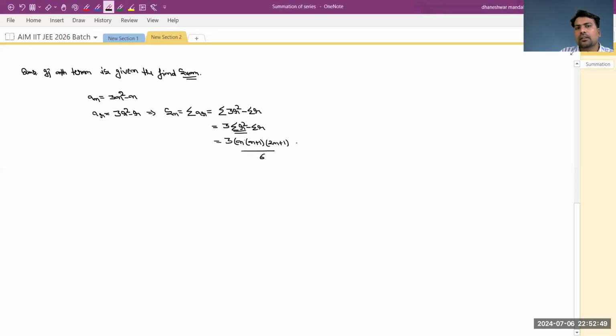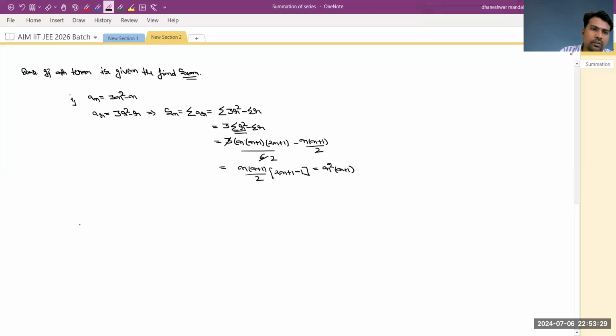And here we have n times n plus 1 divided by 2. Taking n plus 1 common, we get n square times n plus 1 as the sum of this. For another term, I can use the same method to solve the question.